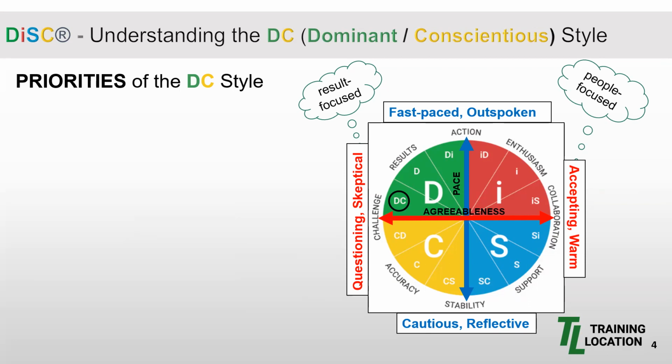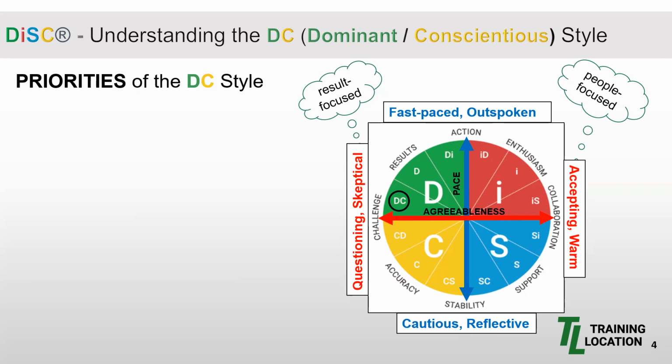Now, the priorities are unique to you and based on your results. Priorities simply help us understand how our style might be reflected in various motivations and behaviors given real life work scenarios. The important thing to remember is that when things get foggy, such as when stress or uncertainty appear, we seek the priorities associated with our style.